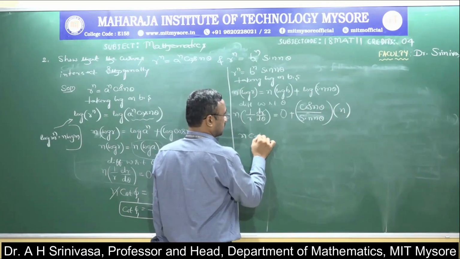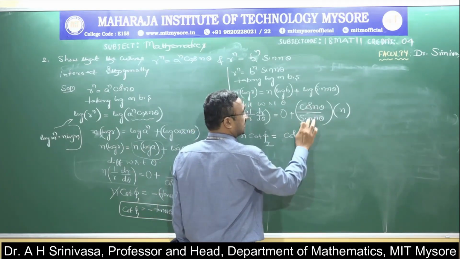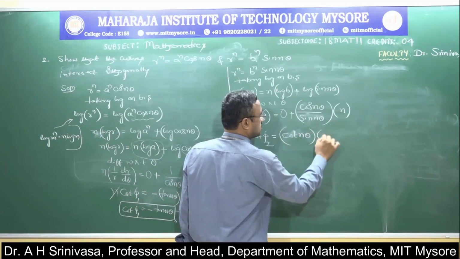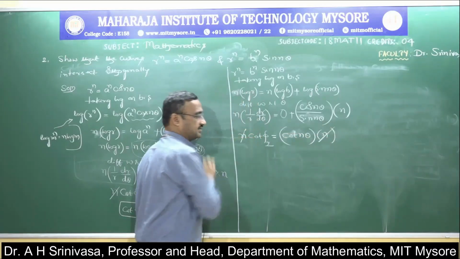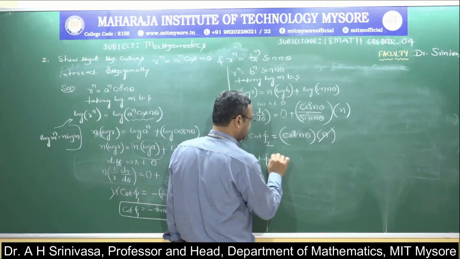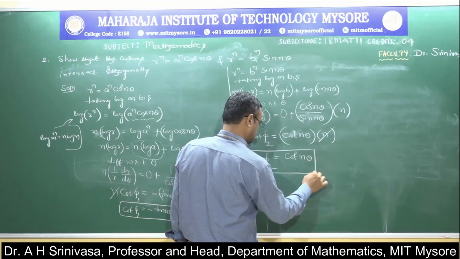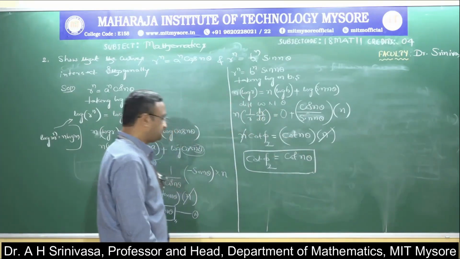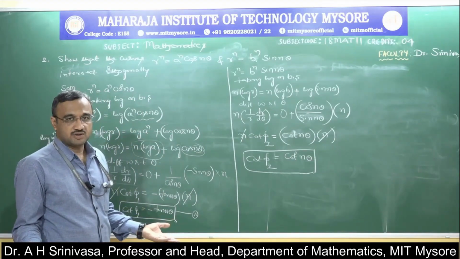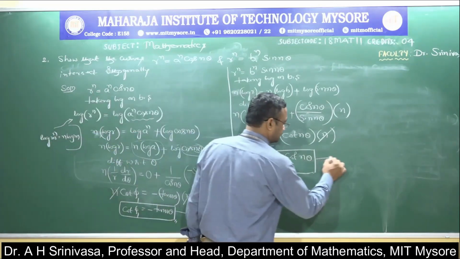This one we call cot phi 2. Cos divided by sin becomes cot n theta into n. Now cancellation of both n. Now we got cot phi 2 is cot n theta. Now you know the procedure: if two curves intersect orthogonally, take the product of these two. Call this equation number 2.